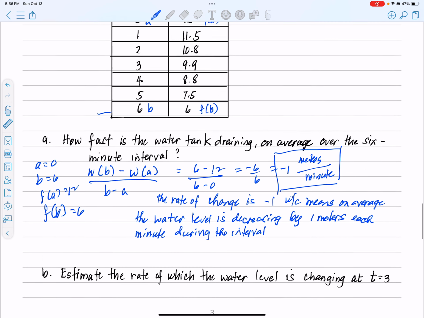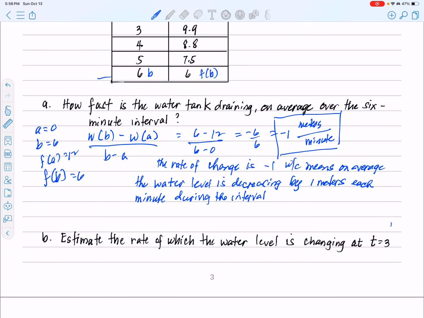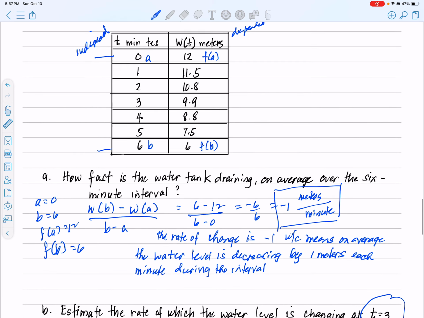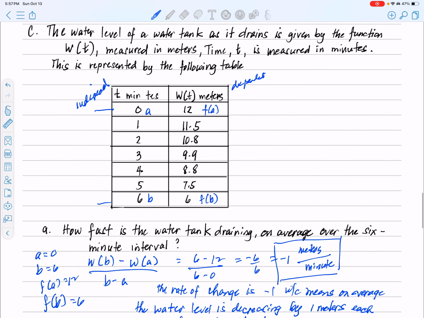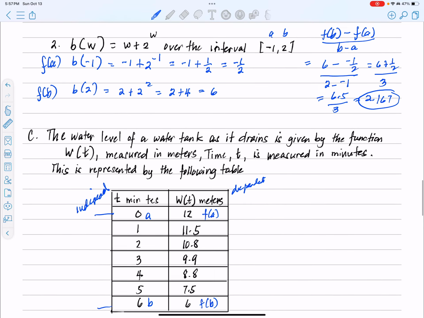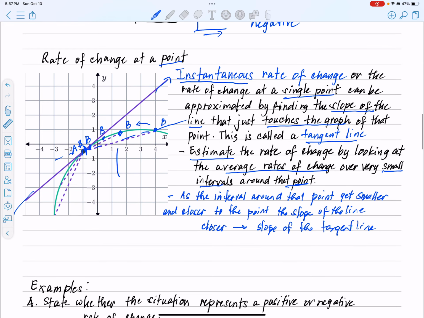For letter B, estimate the rate at which the water level is changing at t equals 3. Remember, we are trying to get the rate of change at a point. All right, so what did I say? I presented to you the graph that as we keep on moving, I'll go back to that graph right here.